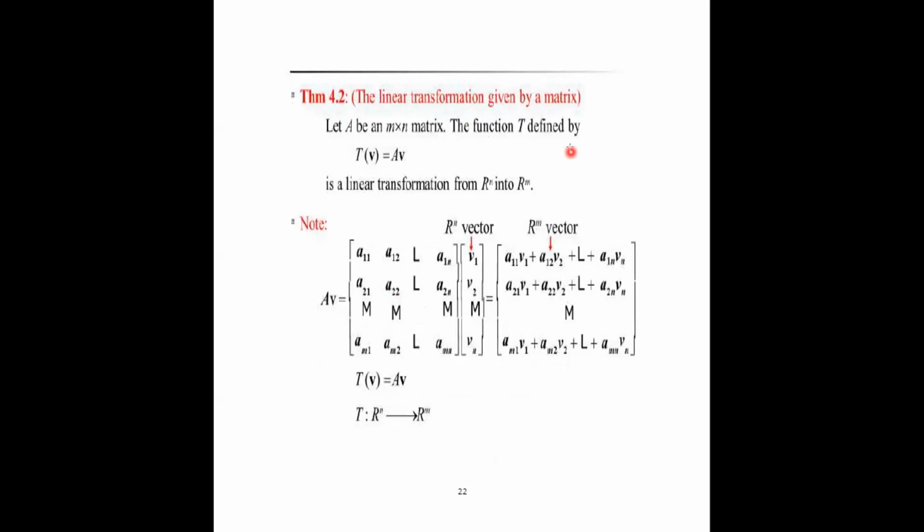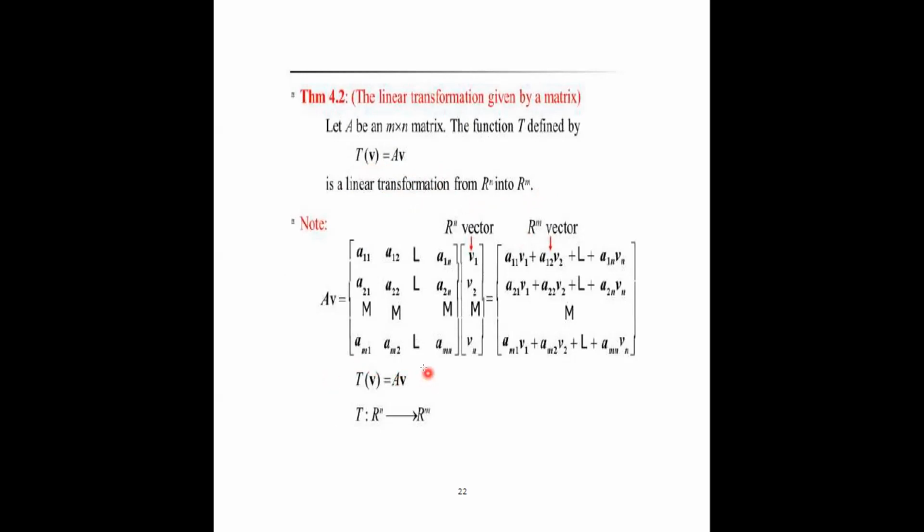The function T is defined by T of v equals Av, where A is m by n and obviously v has to be n by 1. So v is a column vector whose dimension is n by 1, so Av is also defined. Then one can show that T defined in this way is a linear transformation from Rn to Rm.